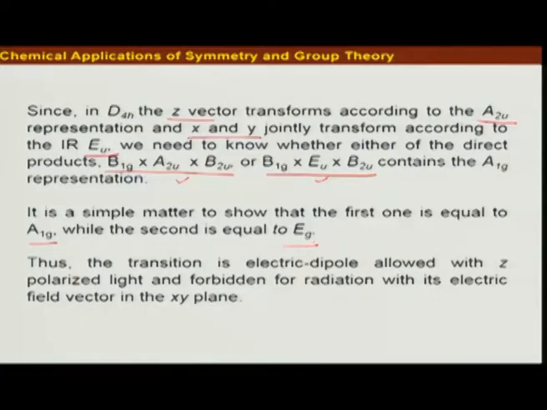So clearly the integral involving z will survive while the other one will vanish. That means our HOMO to LUMO transition is allowed overall, but it is allowed in the z direction and forbidden in the xy plane. We also say that the transition is z polarized.